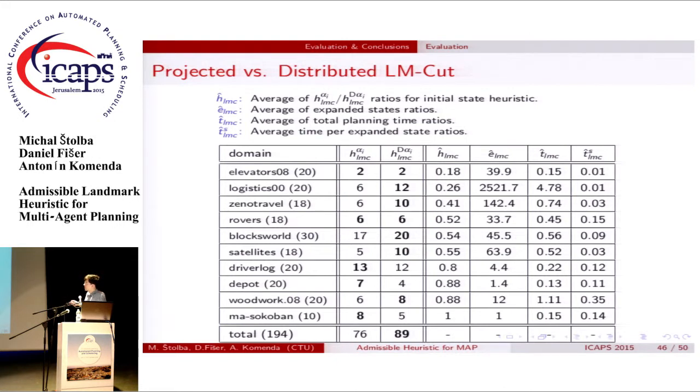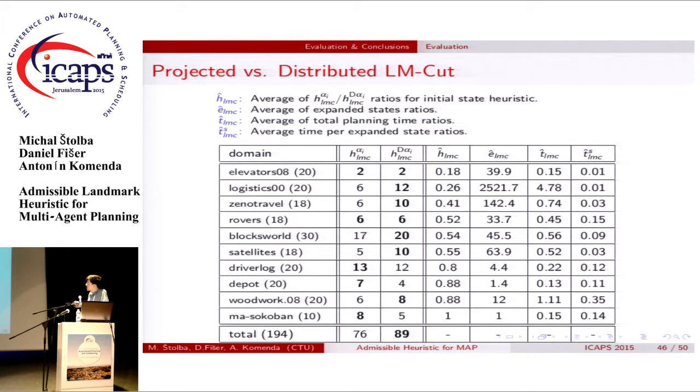Concerning coverage, this is those two columns. We can see that the distributed heuristic has higher coverage than the projected one on this set of benchmarks. It of course depends on the benchmarks, and it also depends a lot on the communication. Here we use just a local loop through TCP/IP, so it's quite fast communication.